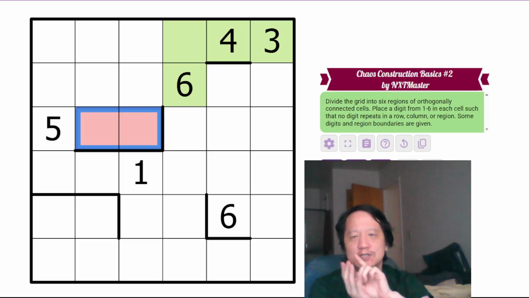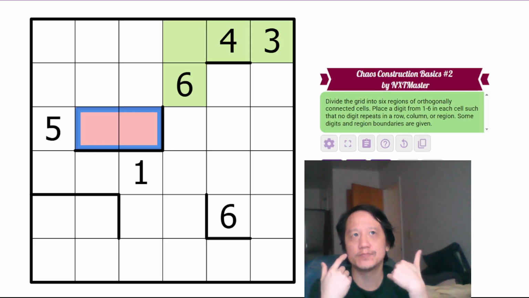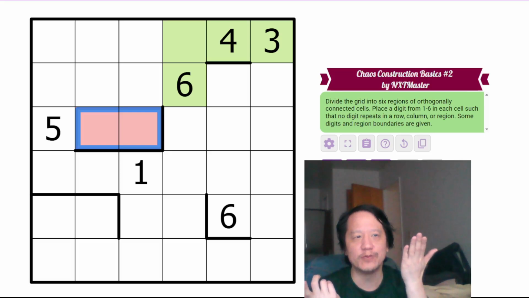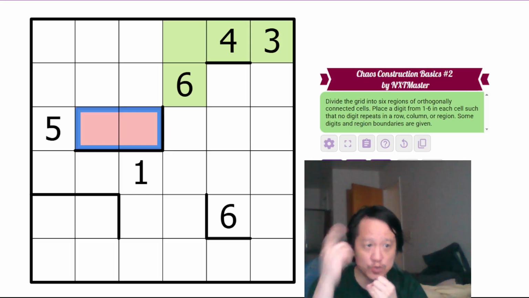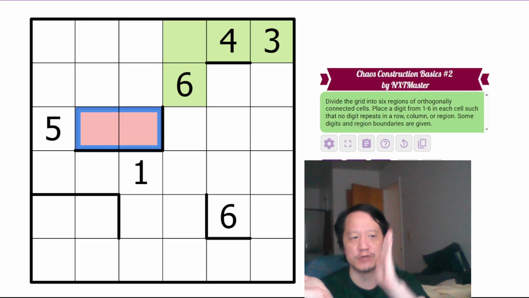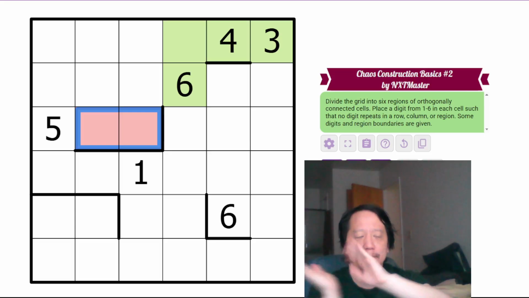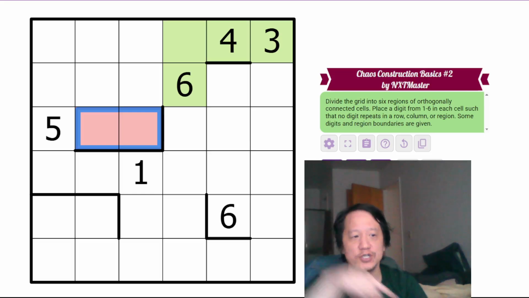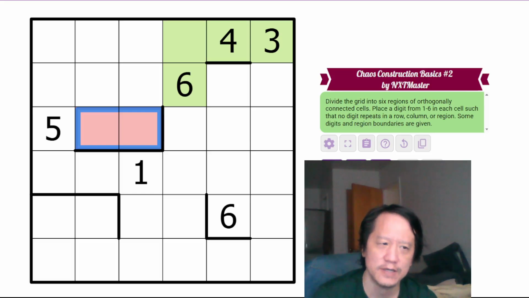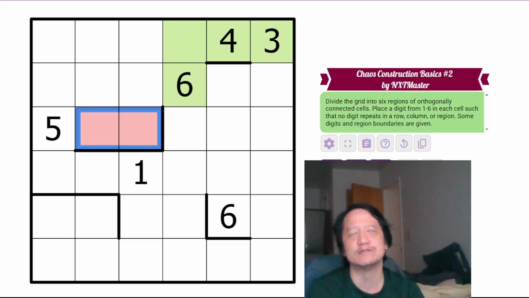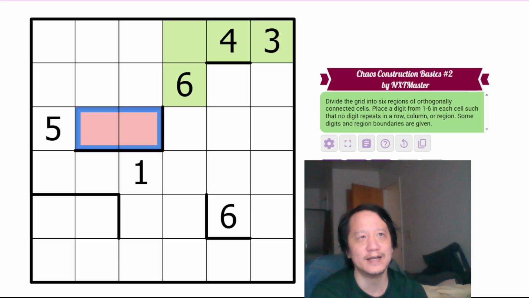That means essentially the difficulty level will have to be multiplied by 1.5 squared, right? You have 1.5 increasing in one direction, 1.5 increasing in another direction. That gives you essentially 2.25 times more possibilities for the geometries of chaos construction, which is why I feel it's really hard to create a chaos construction puzzle that is easier than challenging level.